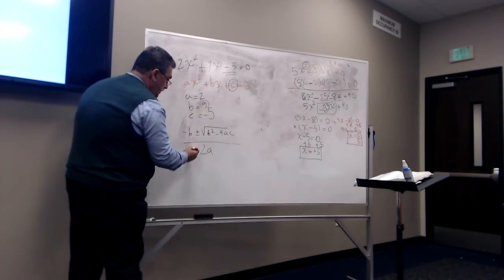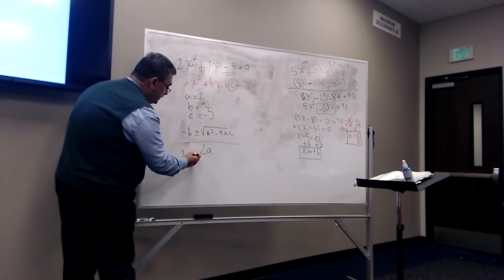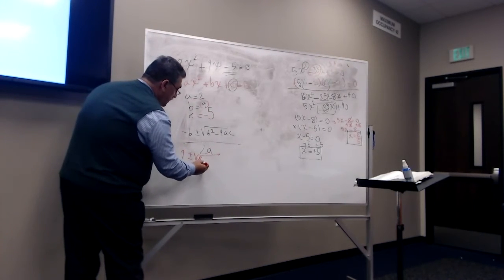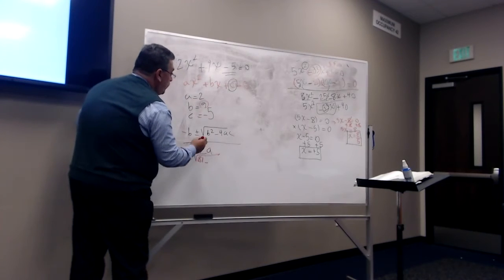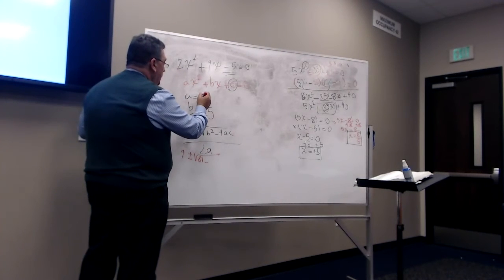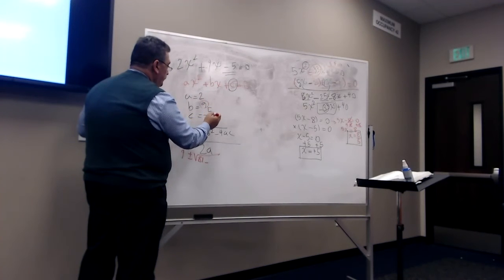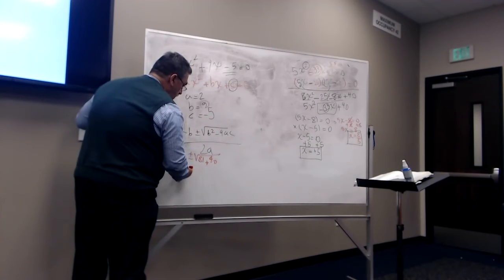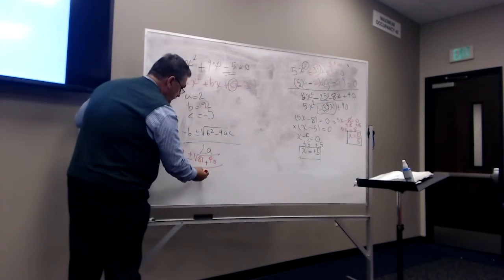b should be 9, plus and minus the square root of b squared, 81, minus 4ac. ac is −10, so minus 4 times that becomes plus 40, divided by 2a.